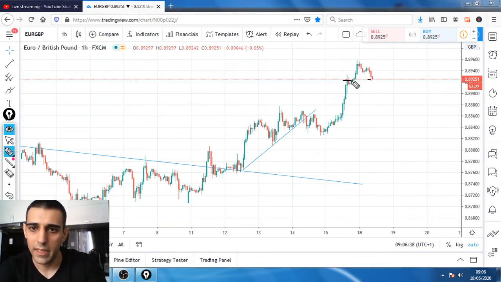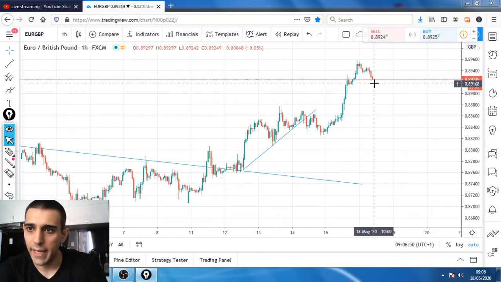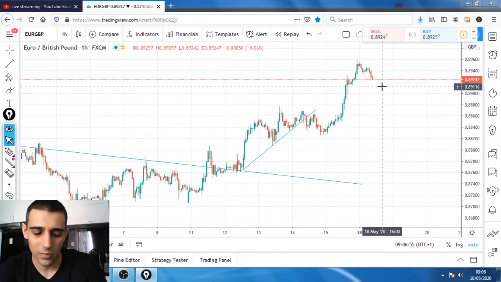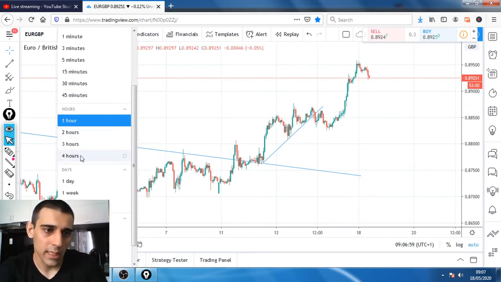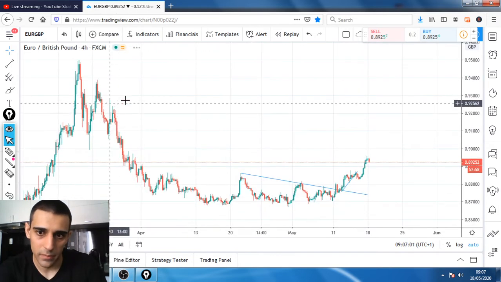We have this sort of high in here, so the price already tested once. There's a good chance this hour the price will come down at least to this level, which is roughly about the 89.15 zone. Let me have a look at the potential for the targets.